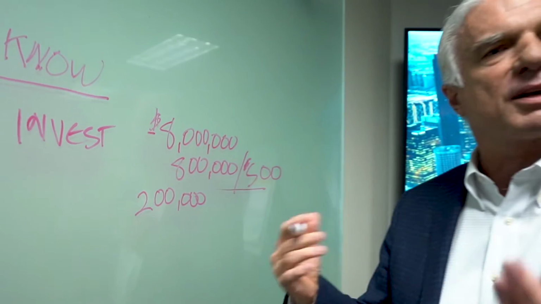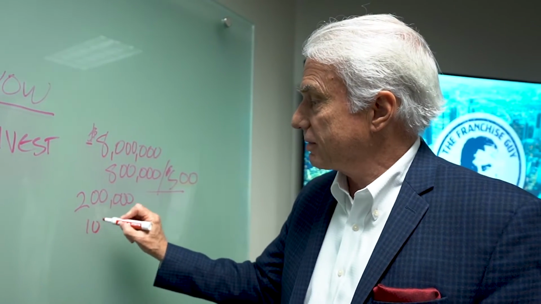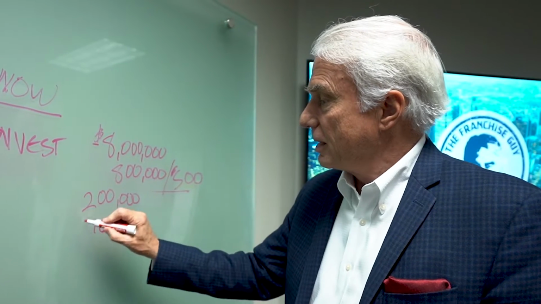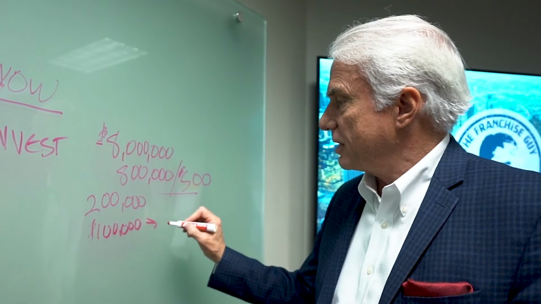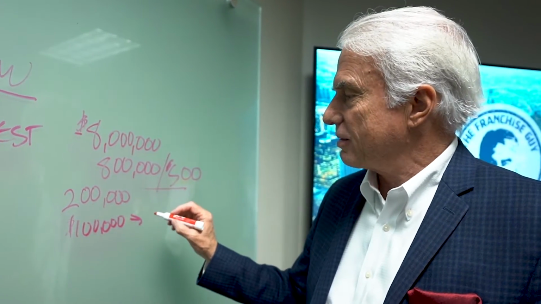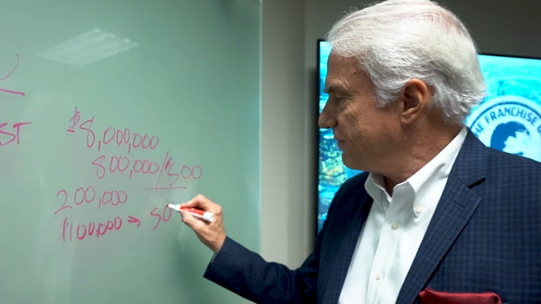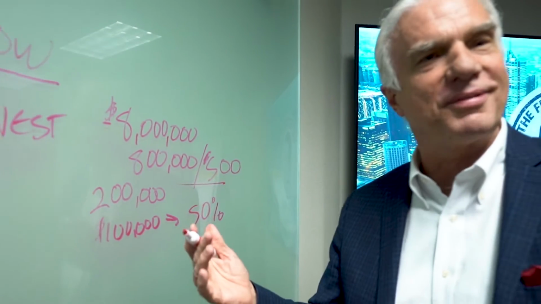And over a period of the next few months, you're able to produce a cash flow of $100,000. Divide that $100,000 by the $200,000 investment, and that's a 50% return cash on your total investment.